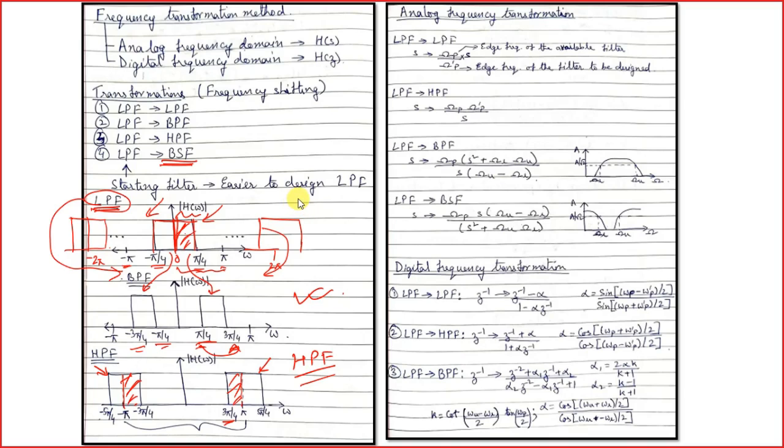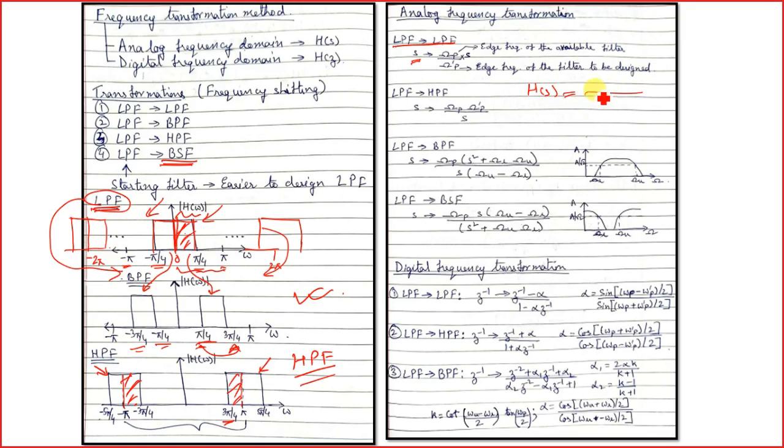Now coming to the analog frequency transformation method, the first one is low pass filter to low pass filter. Here you will be getting some transfer function in S, right?